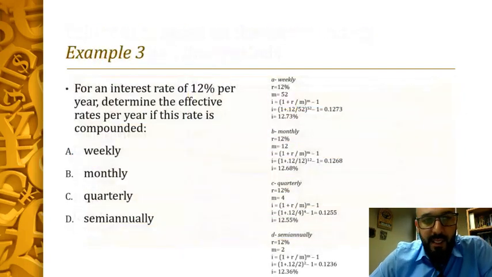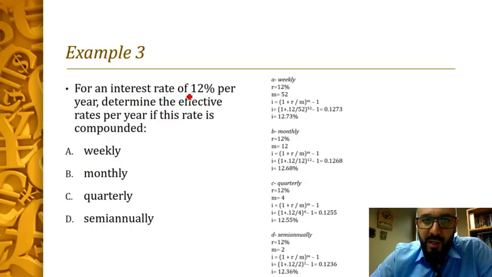Okay, let's take a quick, easy example. For an interest rate of 12% per year, determine the effective rate per year if this rate is compounded weekly, monthly, quarterly, semi-annually. First of all, you need to read the question.